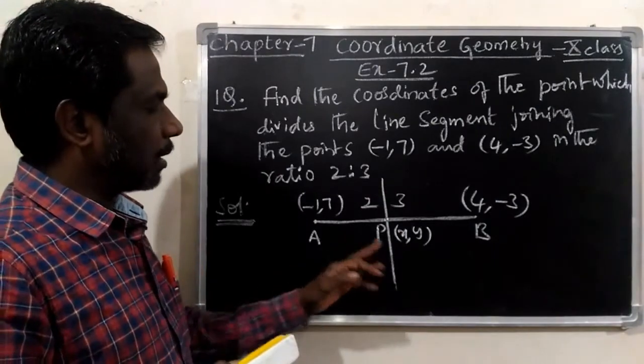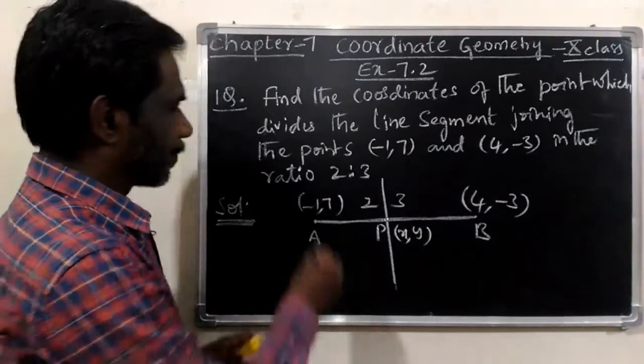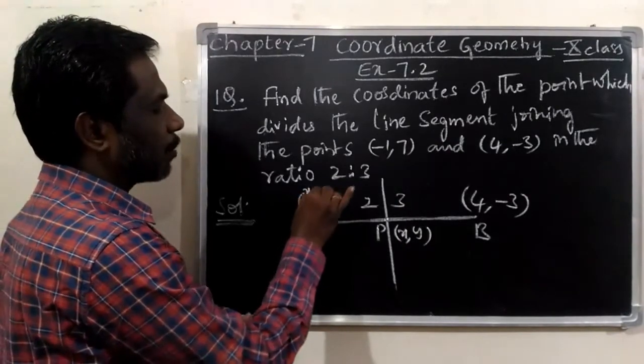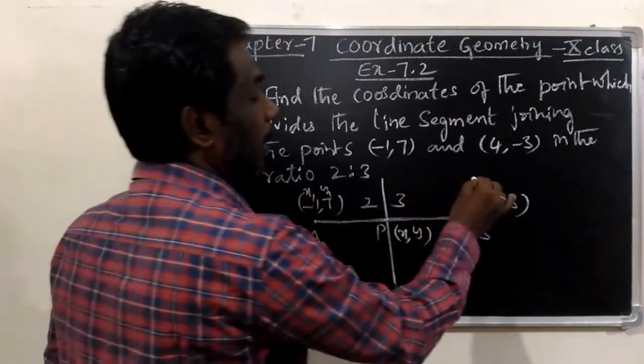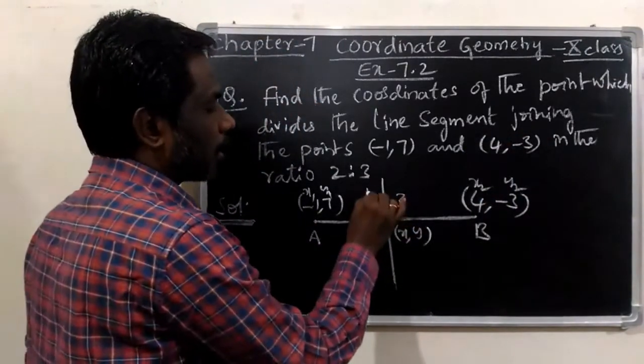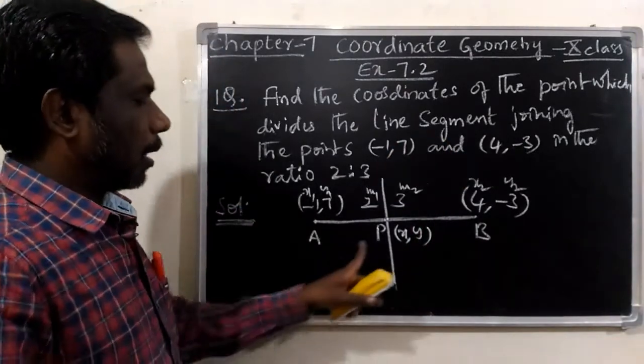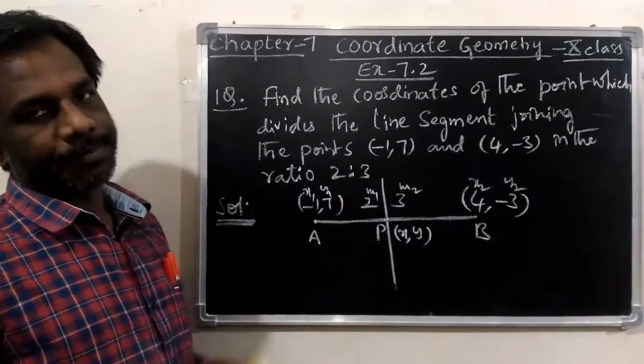Now we want to find the dividing point. Assume the first point is (x1, y1) and the second point is (x2, y2), and the ratios are m1 and m2. And the coordinates of P are (x, y).